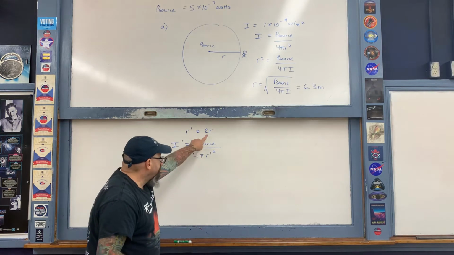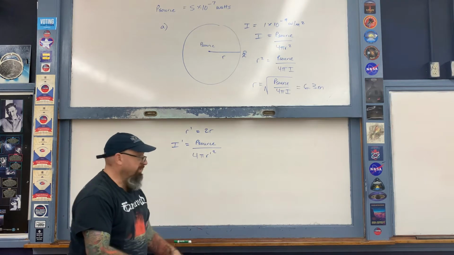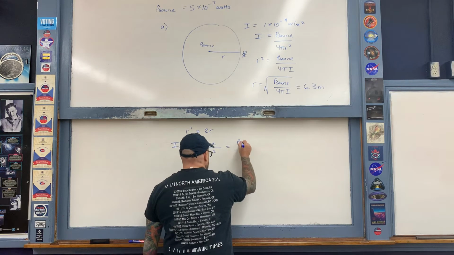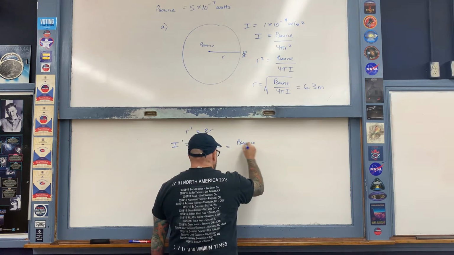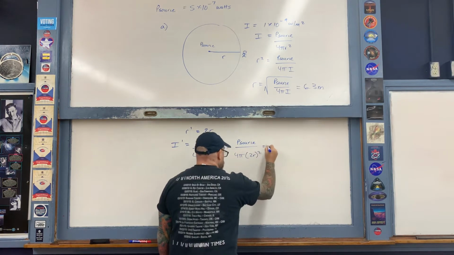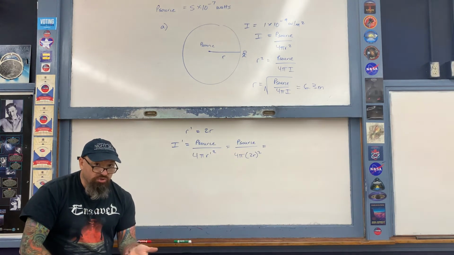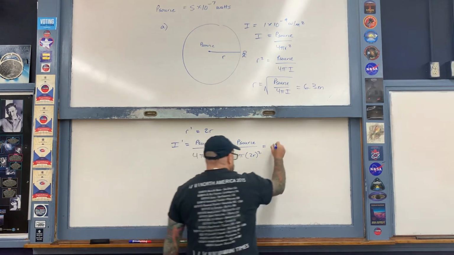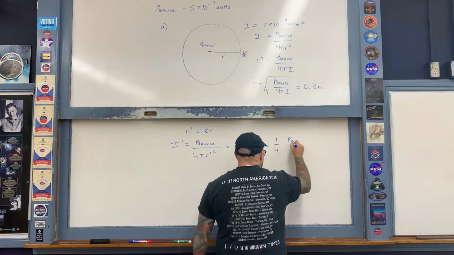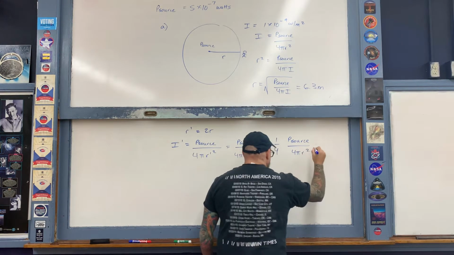Let's go ahead and plug this quantity here in for r prime and see what happens. So P source divided by 4 pi times now quantity 2r squared. If you square the parentheses there, square the 2, you end up with a 4. So this is 1/4 of this quantity. Like so.